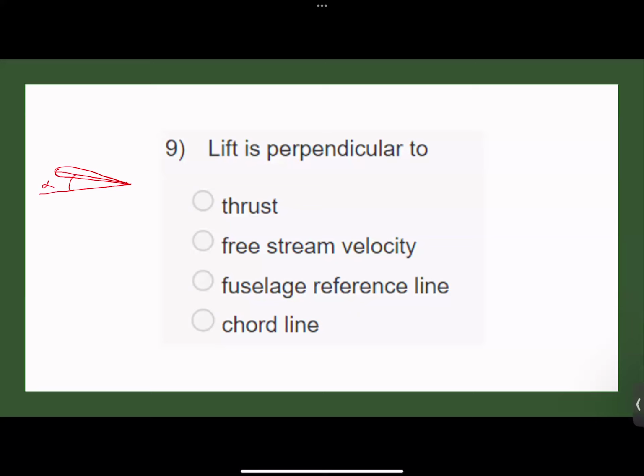Okay. Just a minute. I think it should be chord. Let me just look at that.